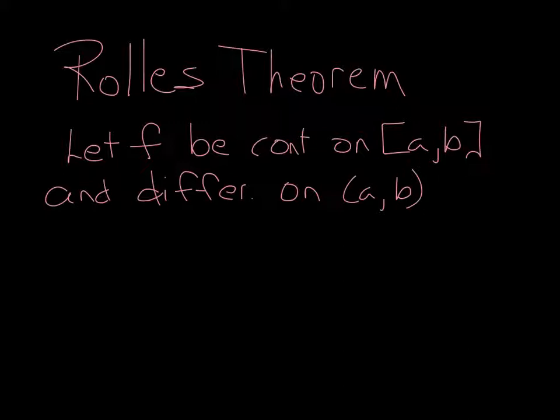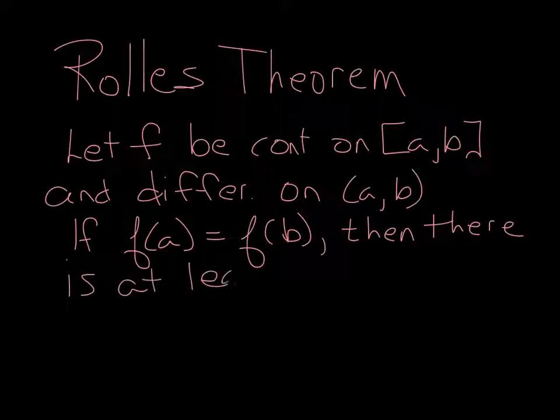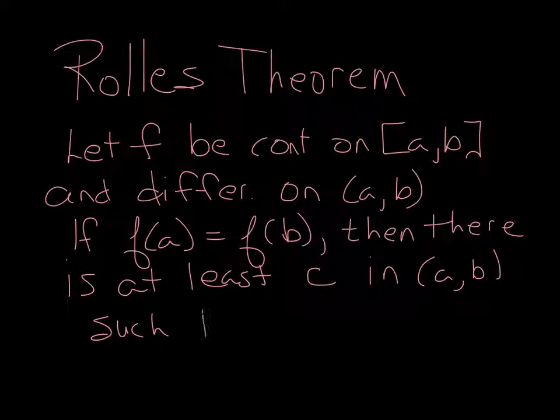So if f is a function that is continuous on a closed interval and differentiable on the open interval, if f of a equals f of b, in other words, the endpoints have the same value, then there's at least one number c, or one x value, but we'll just say there's at least one c on the interval such that the derivative is 0.